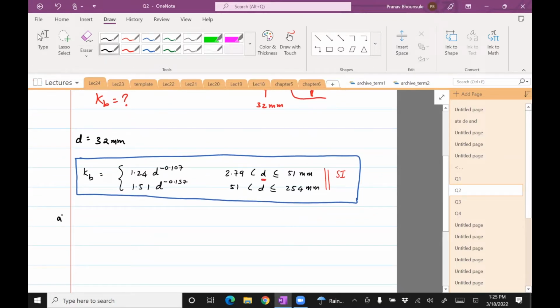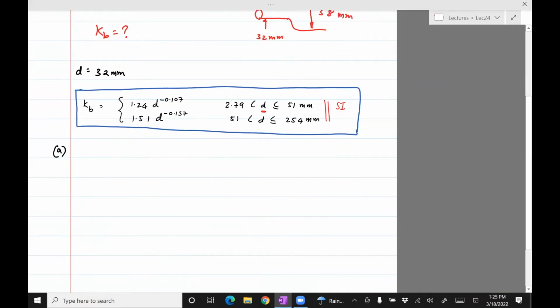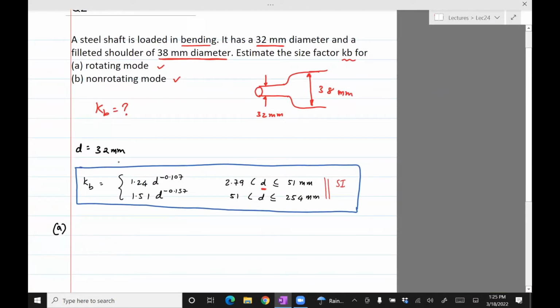So this is, by the way, part A for the rotating mode. Write it down.